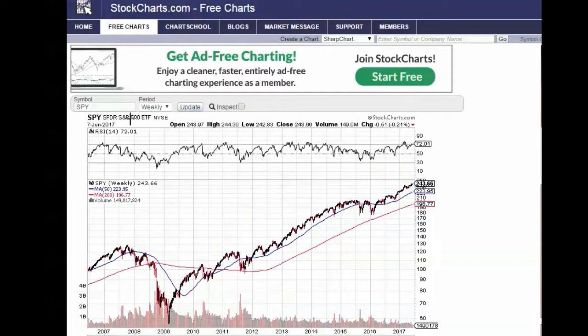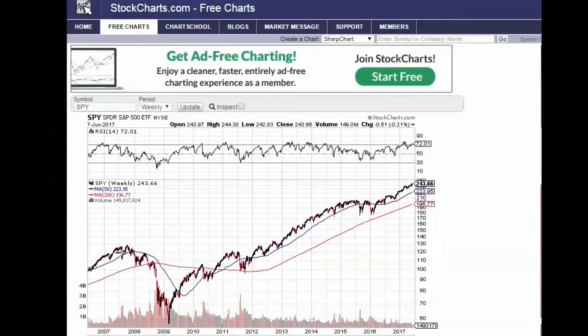So here it is right here. And all I'll say in this video is that SPY, that symbol, you may have heard of a ticker or stock symbol, that symbol represents the S&P 500 index. So I typed it in there. And this is what's referred to as a weekly chart. That's all I really want to go into as far as the setup of the chart.